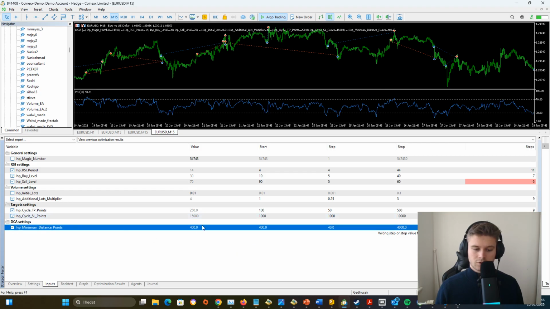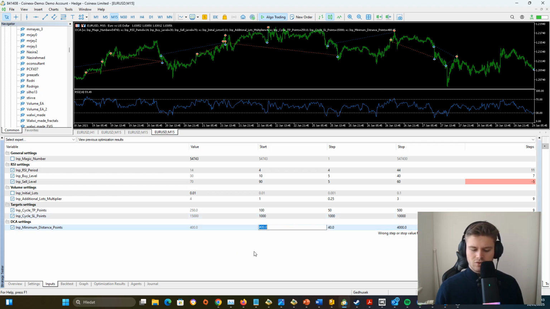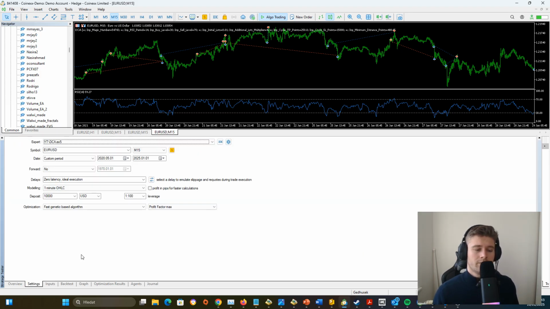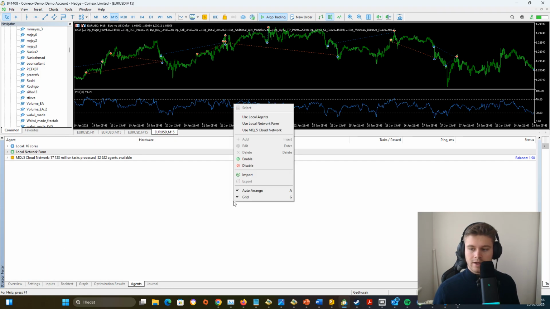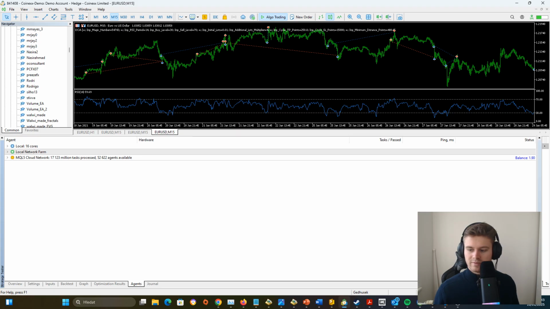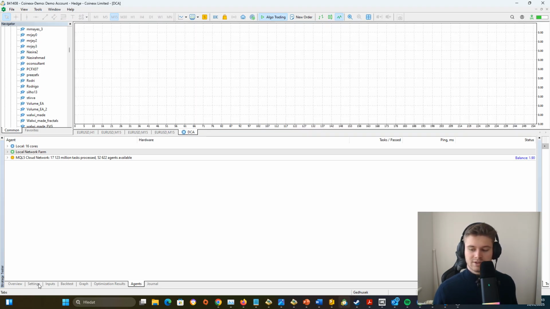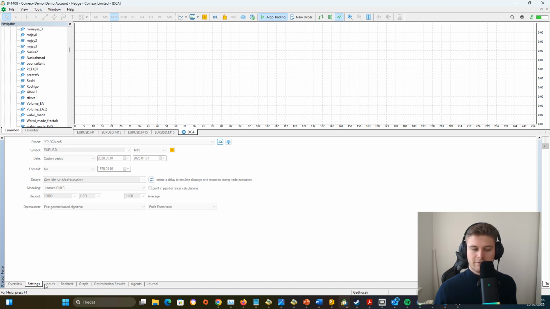And minimum distance points, we will also optimize this. Let's do 0, 100, and let's do 1000. Oh, sorry. Here I have to do this the other way around, so like this. Okay, so let's just do one optimization on EURUSD on the 50-minute time frame. Hopefully I will be able to do the backtest, because as you can see, I have to deposit more money into my MQL5 account.